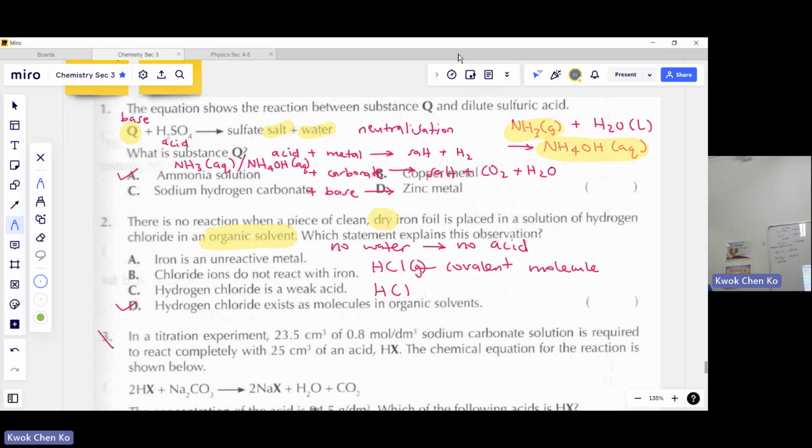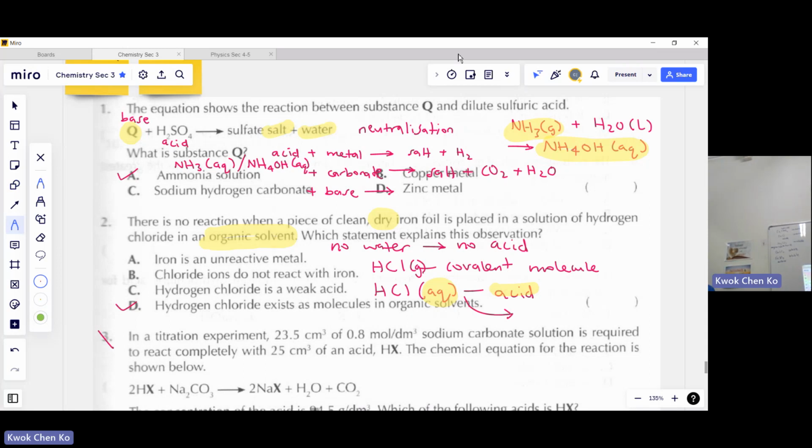But of course, if there's water, then this is an acid. It must be in aqueous form to be an acid. And what happens in aqueous form?